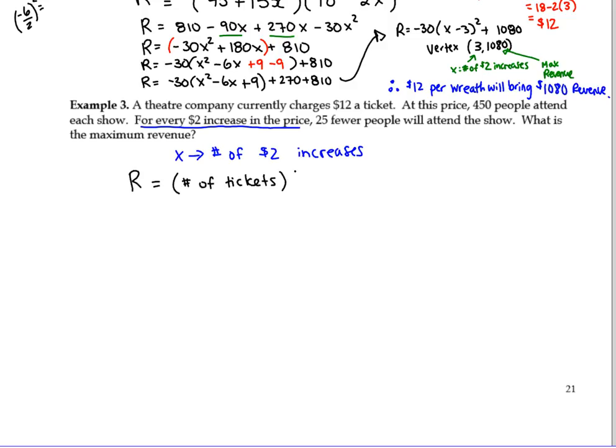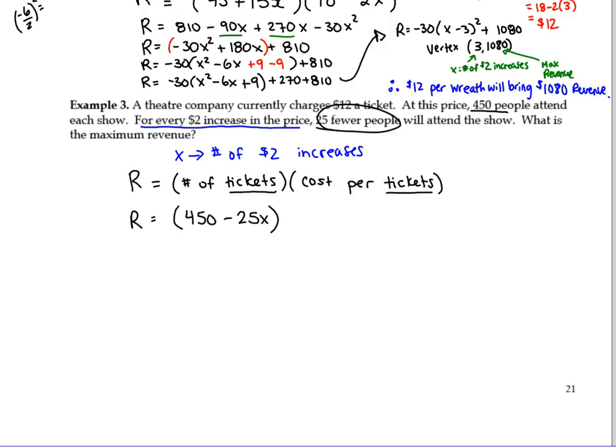So it's always going to be the same. The number of something times the cost per something. Okay, so you'd set it up the same every time. So 450 is in originally, and you're going to have 25 fewer, so minus 25x. The people go together.